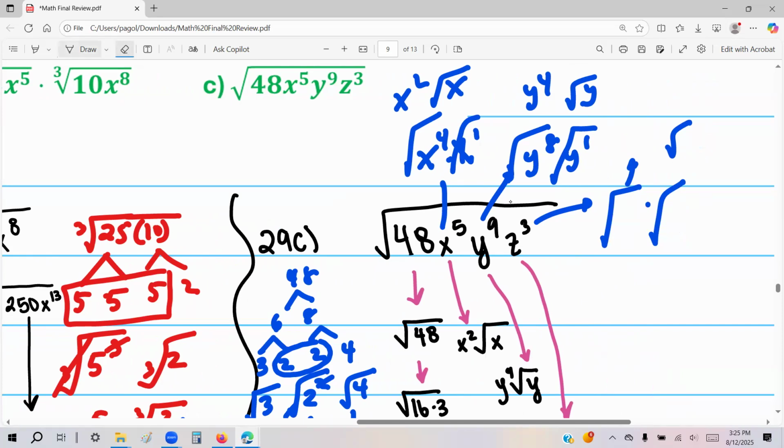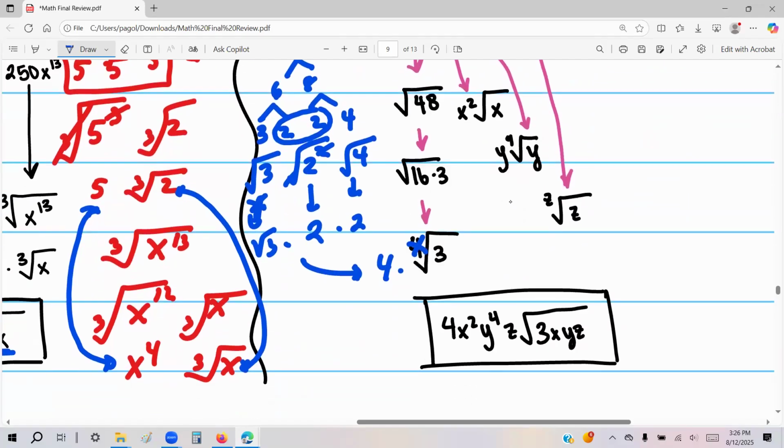This is z squared and z. And we know 48 is 4 and 3. So you put all the outside together, 4x squared y to the 4 z. And then inside, square root of 3xyz. That's your final answer.